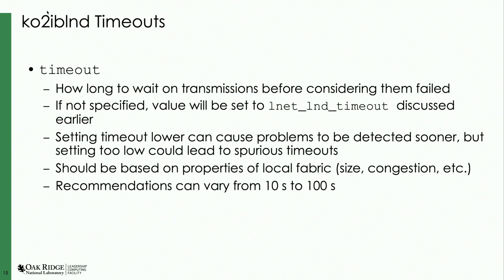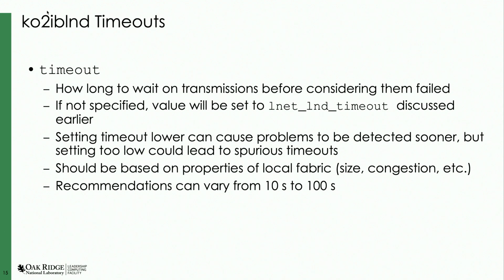It's going to be related to things like the size of your fabric, the amount of congestion you tend to see in your fabric, things like that. Its primary purpose is to distinguish real hardware-related failures.